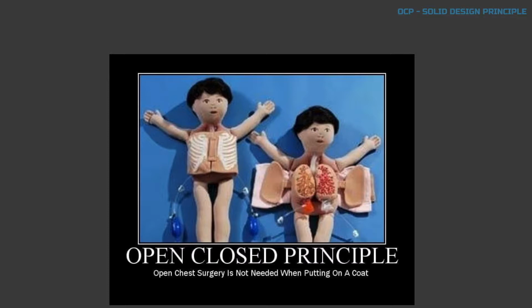Let's try to understand how we can relate the Open Close Principle using this image. It says below, if you could read, open chest surgery is not needed when putting on a coat. In the first image, you wanted to put on a coat, and what you are doing is open surgery.